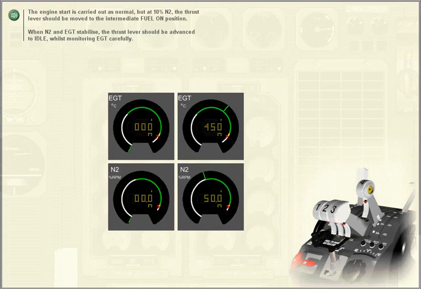The engine start is carried out as normal, but at 10% N2, the thrust lever should be moved to the intermediate fuel on position. When N2 and EGT stabilize, the thrust lever should be advanced to idle whilst monitoring EGT carefully.